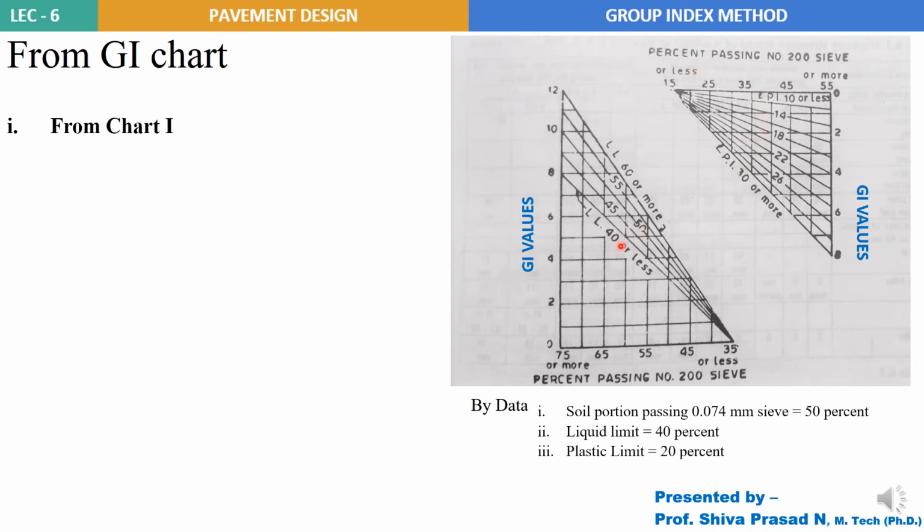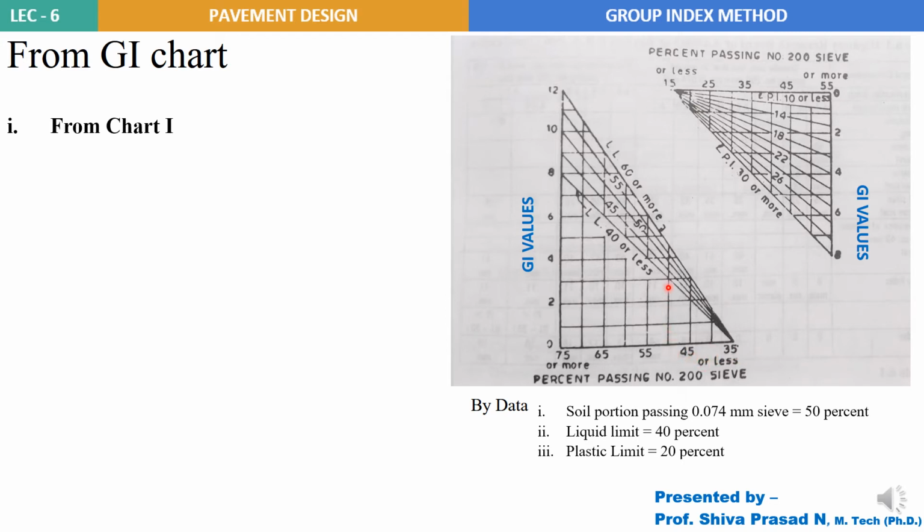Now, based on the given information, the soil portion passing 0.074 mm sieve is equal to 50%. Where is that 50%? On the x-axis: 35, 40, 45, 50.